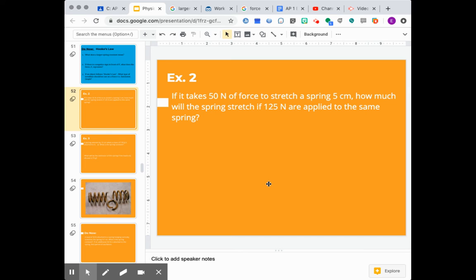Okay, so first thing we need to do is identify our givens. Initially, we know that 50 newtons of force, so a restoring force of 50 newtons, causes a compression or stretch of 5 centimeters.